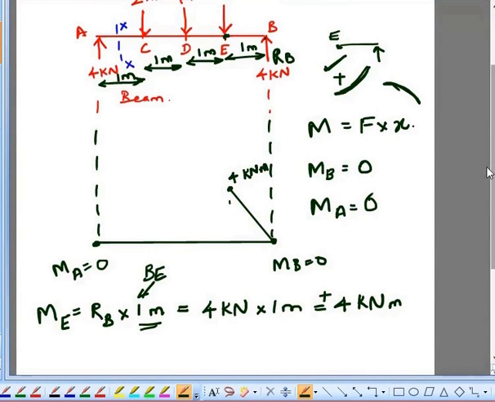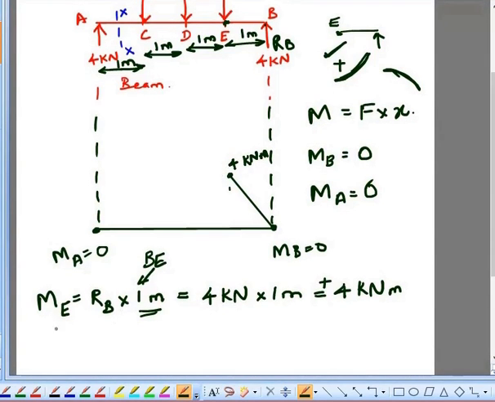Now I have to calculate the bending moment at point D. You can write like this: RB into the distance BD.